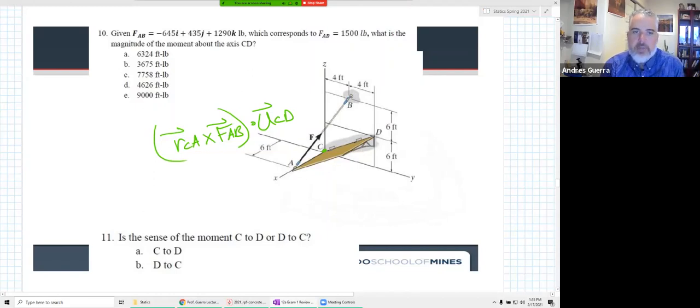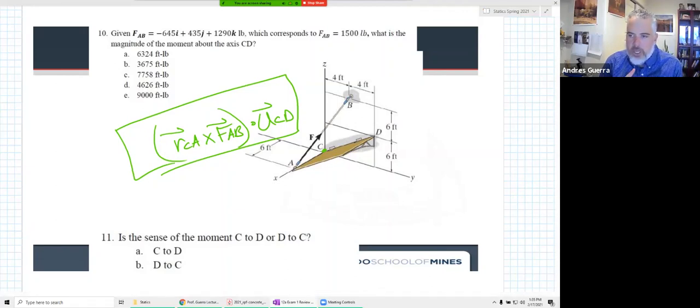You can take a look at the practice exam to go through that math. This is the most important part, right? If we can set up the R cross F dot with the unit vector, pick all those vectors, we're good to go. That math should be good.